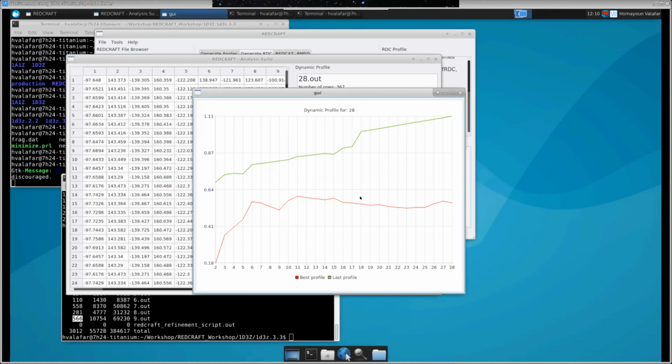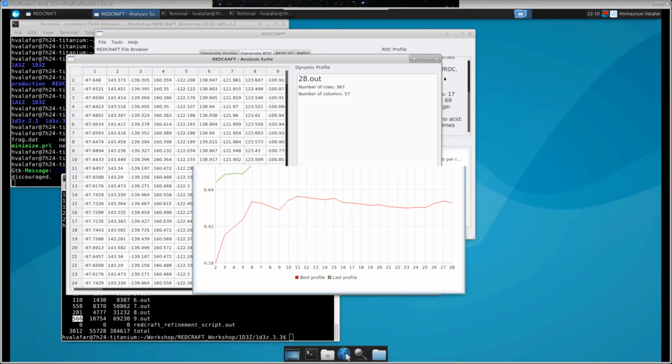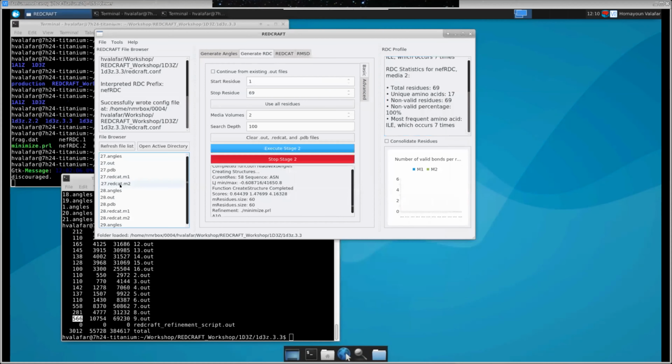Now in the synthetic data, you showed where the last and best profile were converging toward each other. In other words, the gap is small, right? Right. So the convergence also indicates an issue. You want your search to be as exhaustive as you can, to include a large number of structures.